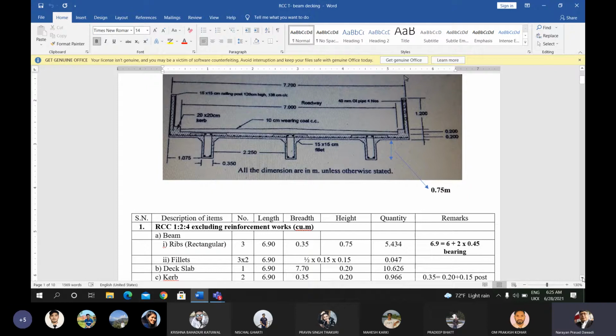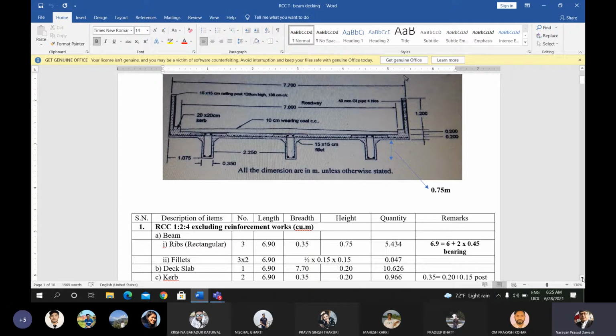For the second part, the portion below the slab is calculated. Now for the deck slab, the slab thickness is given as 0.200, that is 20 centimeters. You can see at the right hand side that the thickness of the slab is given as 0.20 meter, and the total width of the slab is 7.70 meter from the right corner end to the left corner end.